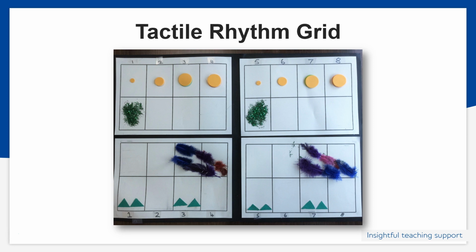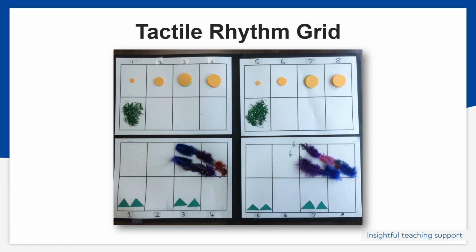The first instrument we have is a drum. The pupils have designed 4 drum beats getting progressively louder, followed by another 4 beats getting louder again. So they start off with a small circle for the first beat, a slightly bigger circle for the second beat, a bigger circle for the third beat, and then another large circle for the fourth beat.